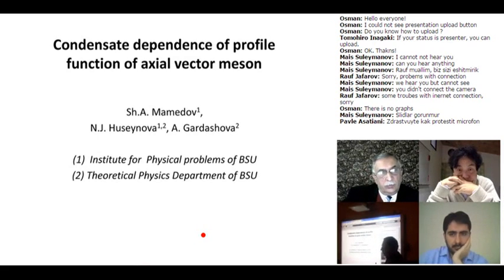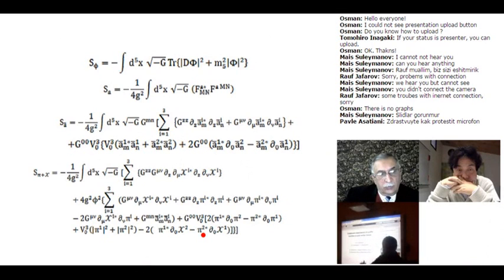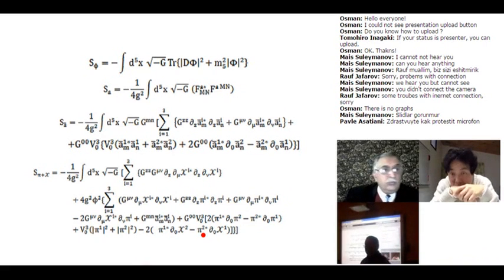We usually deal with the bottom-up approach. There are two main models in the bottom-up approach, soft wall and hard wall models. This is holographic QCD in the bulk of five-dimensional AdS space.